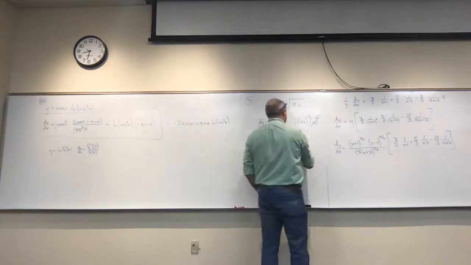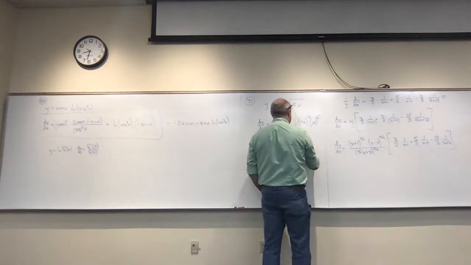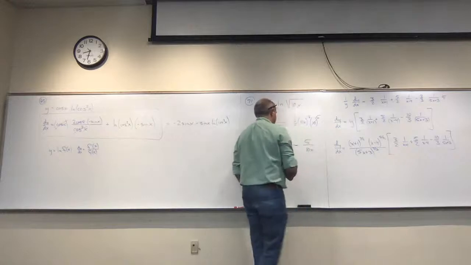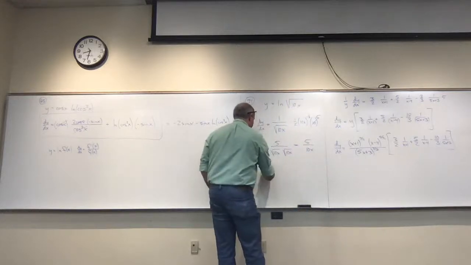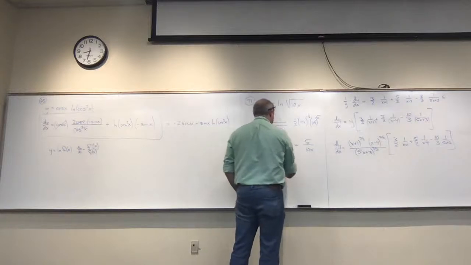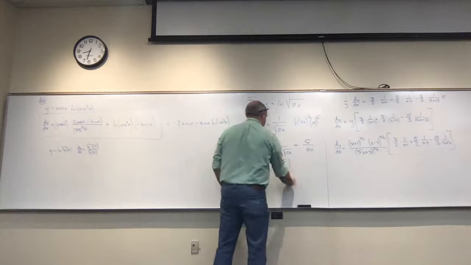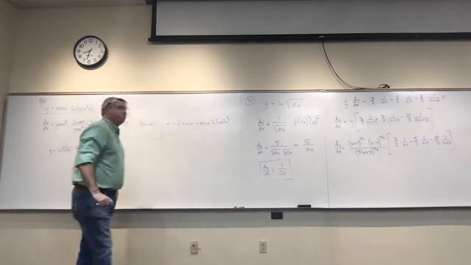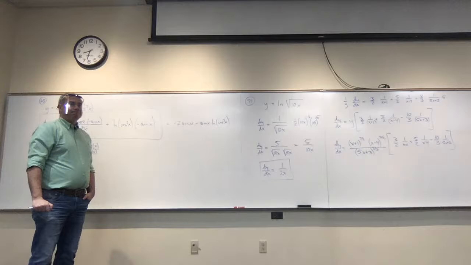So I could write this as 5 over 10x, or if you prefer, dy over dx is equal to 1 over 2x. That's it.